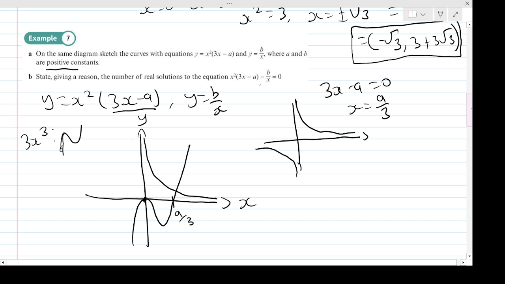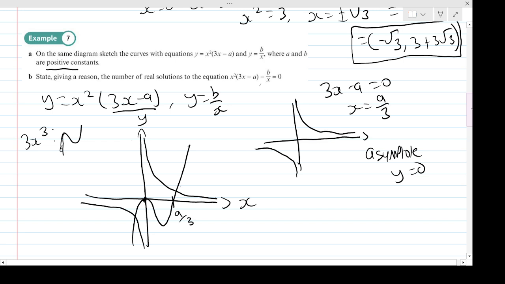That's on the positive x side. Then for the negative x values, it's going to look a bit like that. Cool. Remember, there's also an asymptote at y equals 0, which obviously is the x-axis because it's tending towards 0. There we are. So that's how the graph is sketched again.